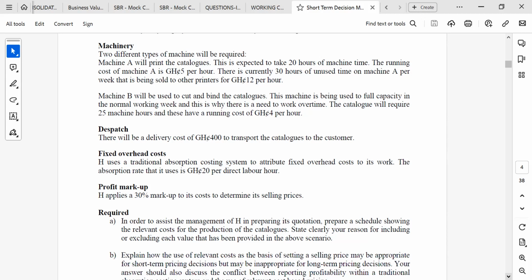Explain how the use of relevant costs as the basis of setting a selling price may be appropriate for short-term pricing decisions, but may be inappropriate for long-term pricing decisions. Your answer should also discuss the conflict between reporting profitability within a traditional absorption costing system and the use of relevant cost-based pricing. That is requirement B.